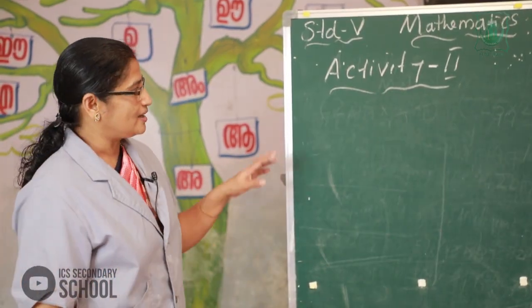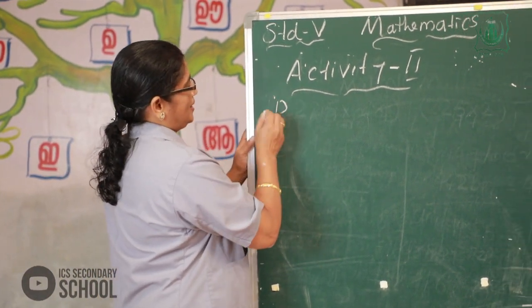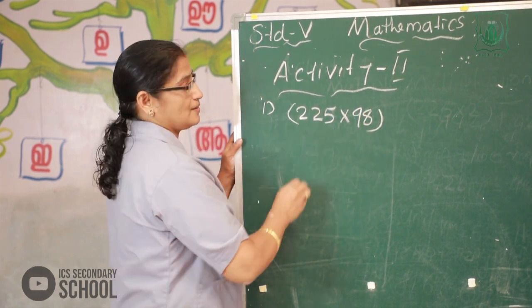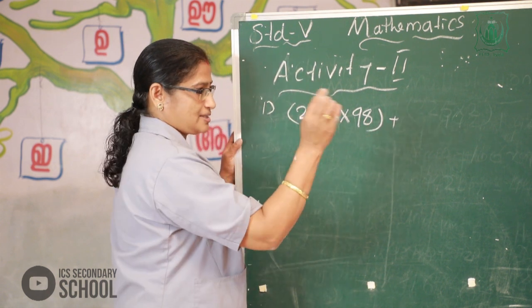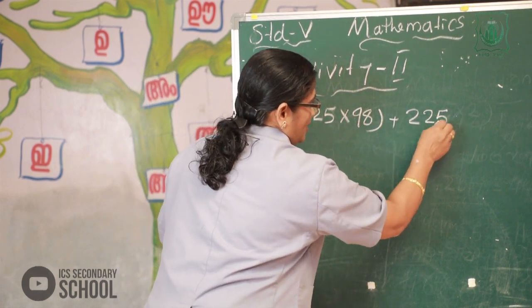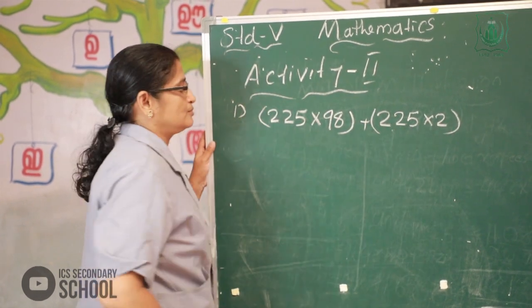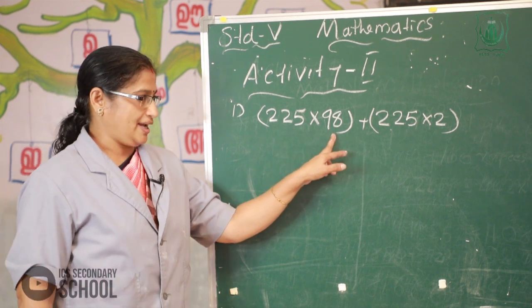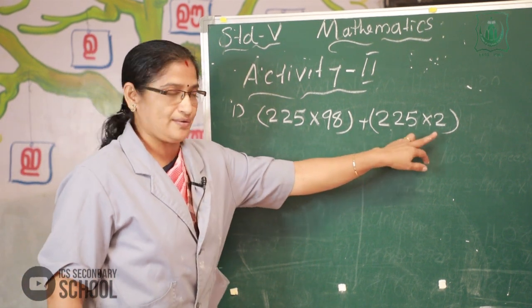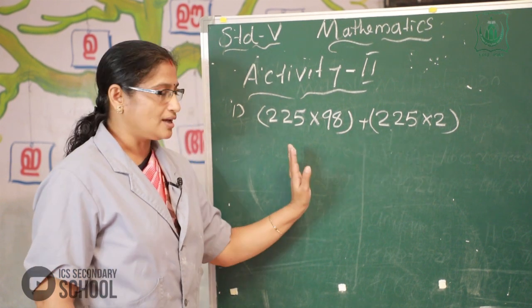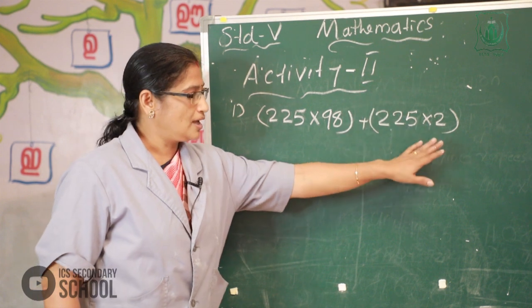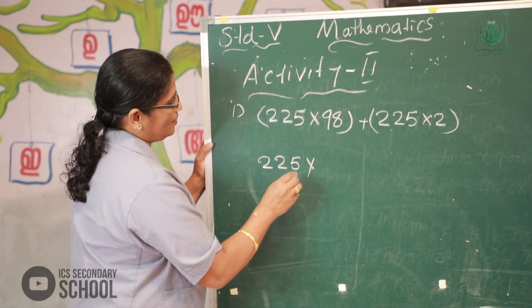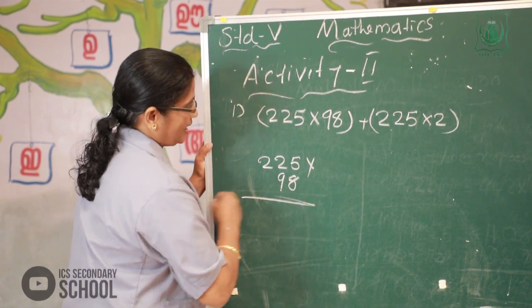Our next activity, activity second, number 1: 225 into 98 plus 225 into 2. First 225 into 98 and 225 into 2, and add these numbers. First multiply and add this number. 225 into 98.